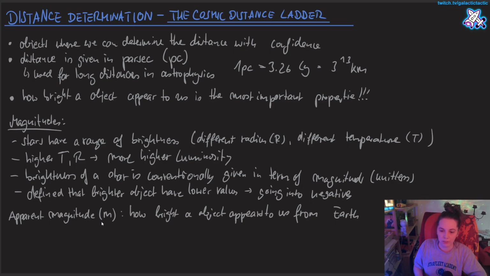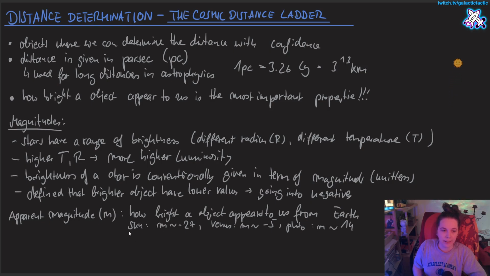For example, the sun has an apparent magnitude of about minus 27. Venus has an apparent magnitude of about minus 5, while Pluto has an apparent magnitude of about 40.